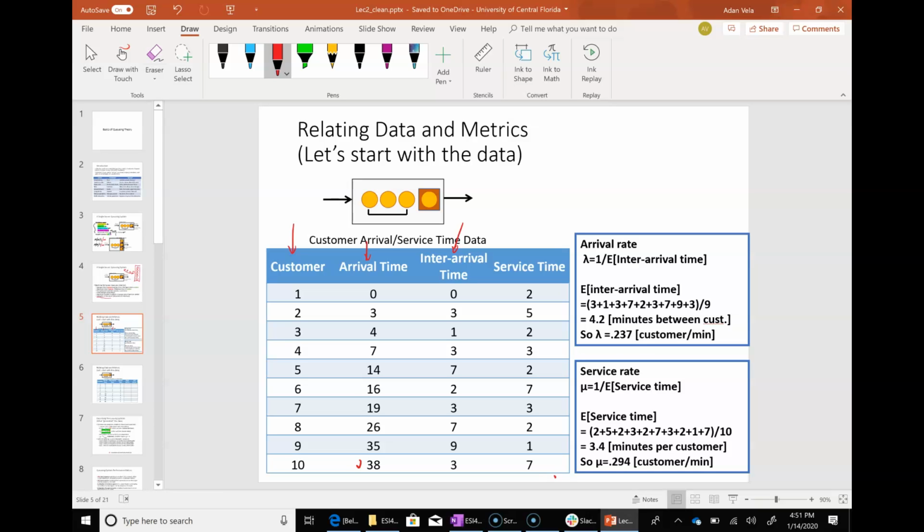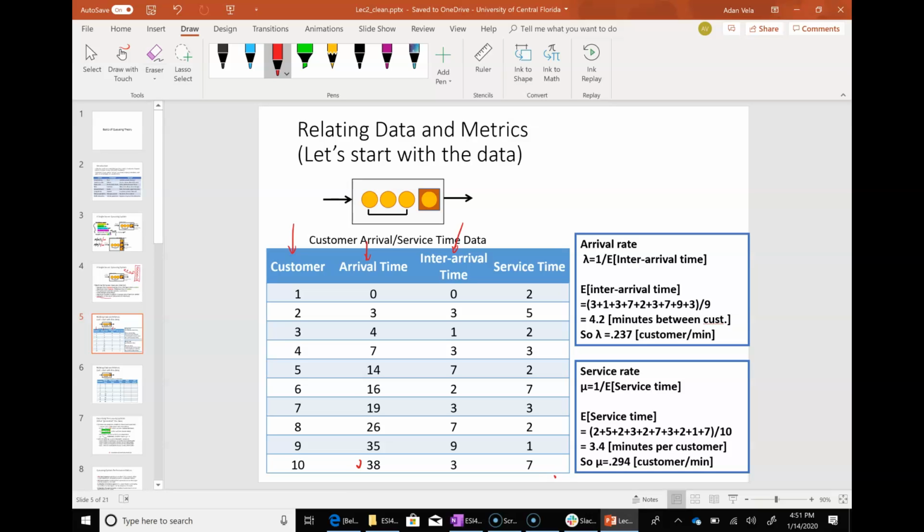If we want to talk about it in terms of a rate, we take that average time and calculate lambda, which is 1 over that average inter-arrival time. This gives us the rate of customers arriving into the system.